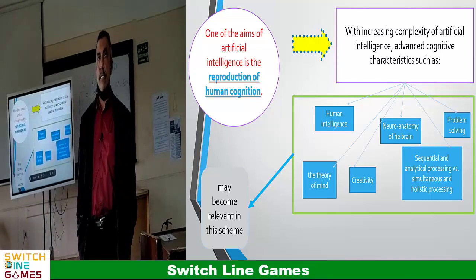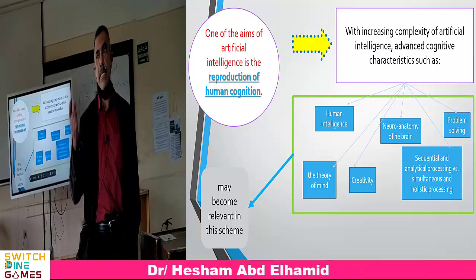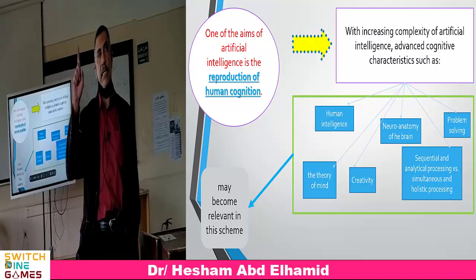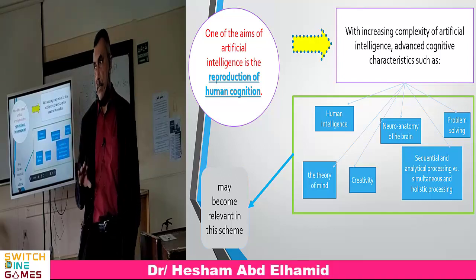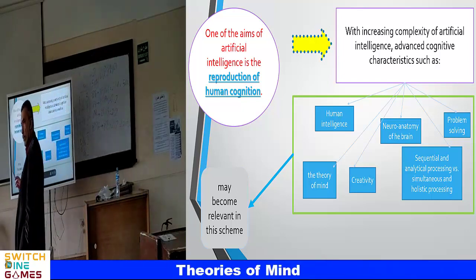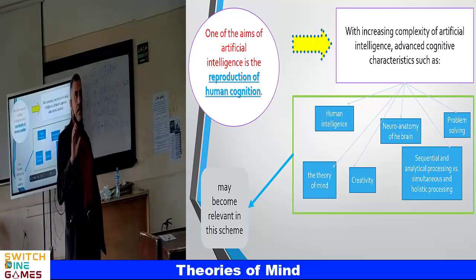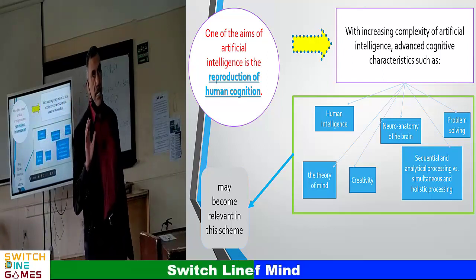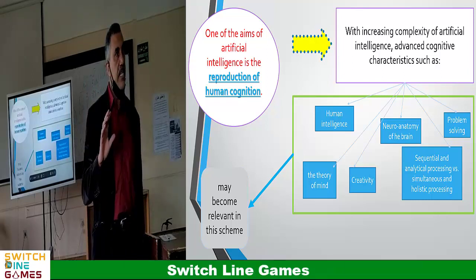Or in other words, in artificial intelligence we are trying to reproduce human intelligence in an artificial way. And in order to do that, you have to give the machine some abilities, capabilities, skills. I mean human capabilities, human abilities, human skills.